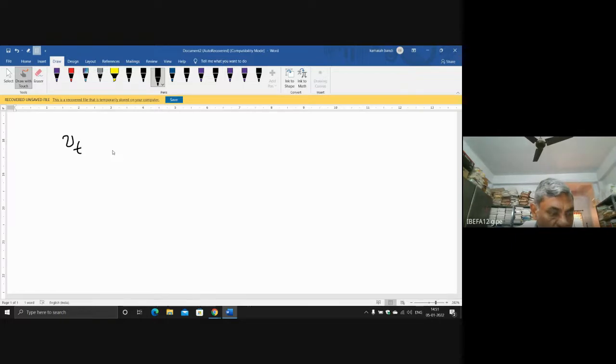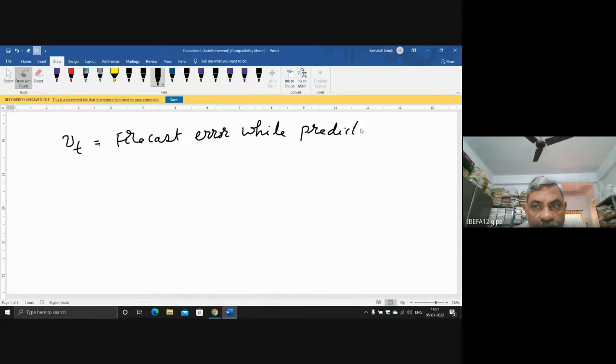Let Vt be the forecast error while predicting sigma t square.